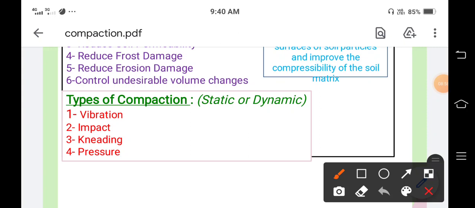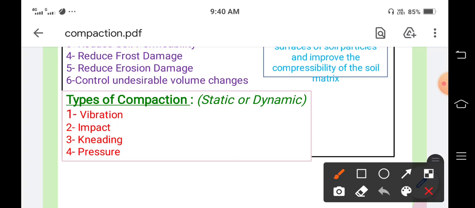It can be done using vibration, by using vibrating machinery; by impact, where impact means the falling of an object from a certain height; and by kneading. What is meant by kneading we will see in the next lecture, when we see the various equipment used for compaction in the field. Then there is pressure, by applying constant pressure or varying pressure.